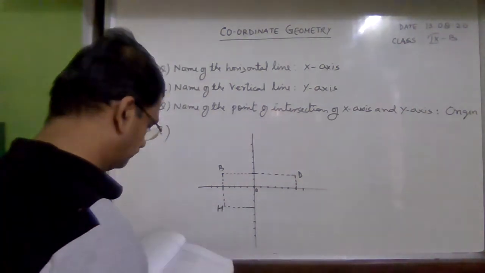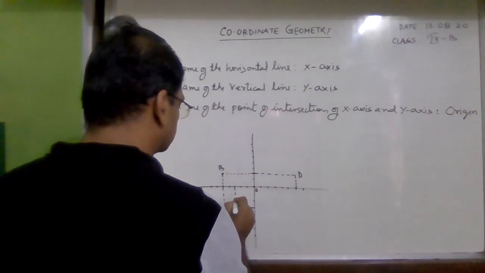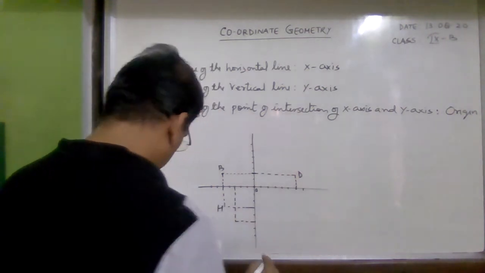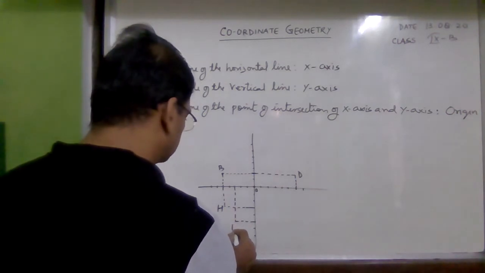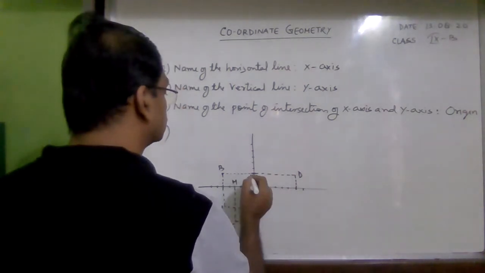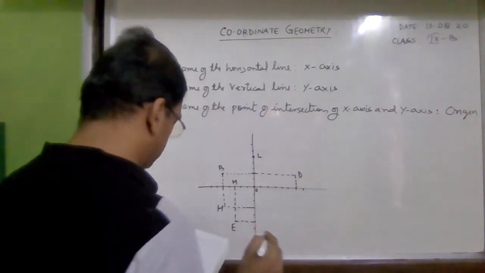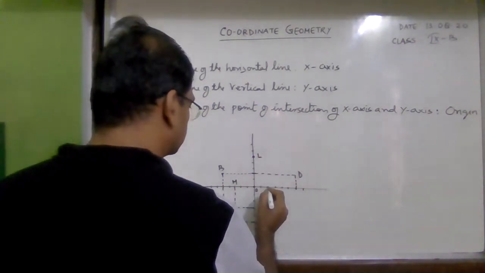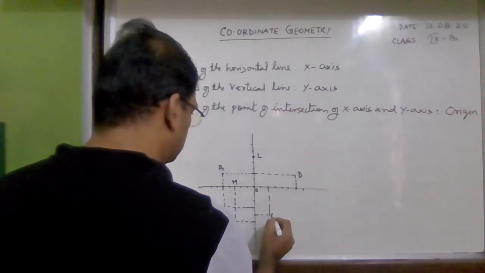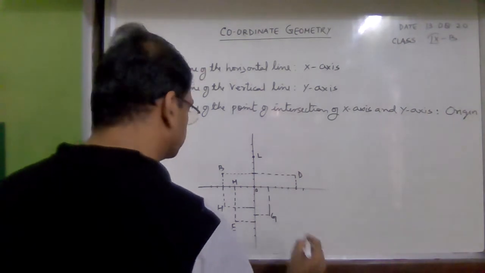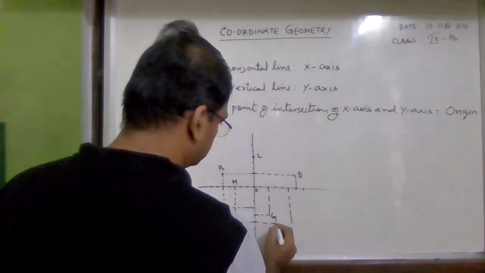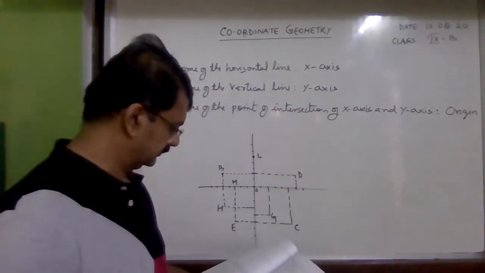This point is H. This point is E. This point is M. There is L point. This is G. And there is point C.